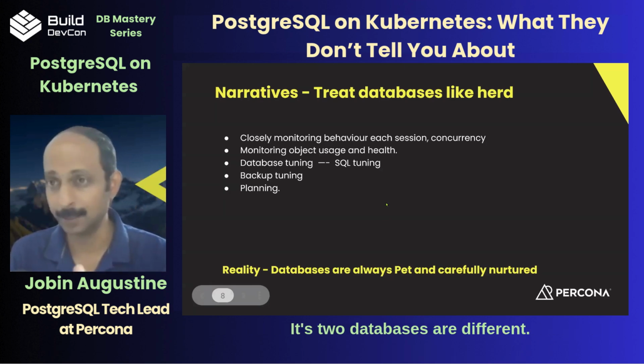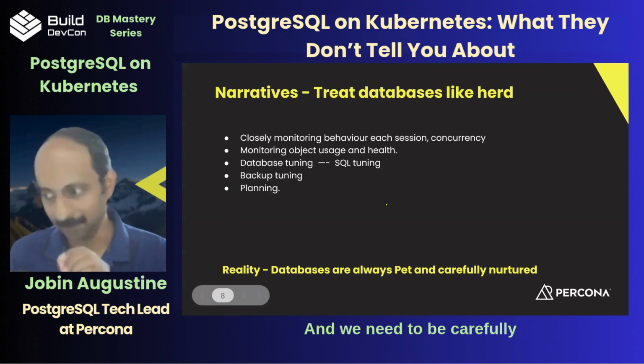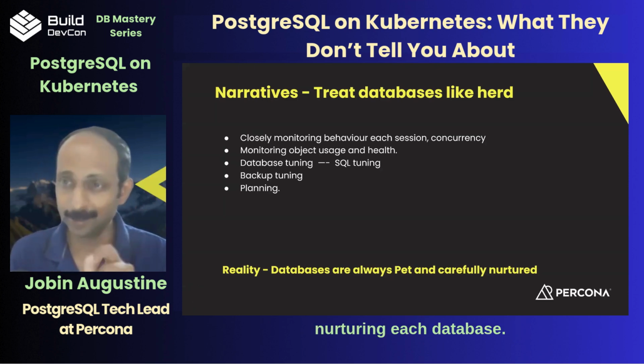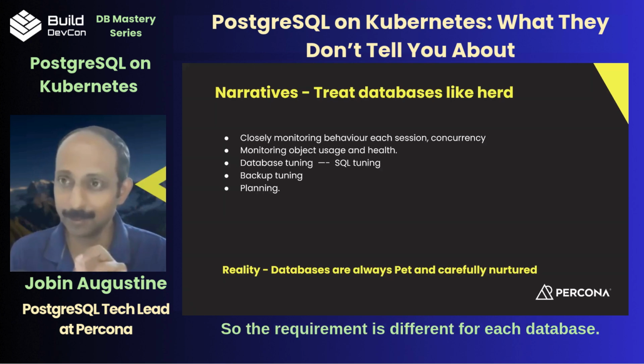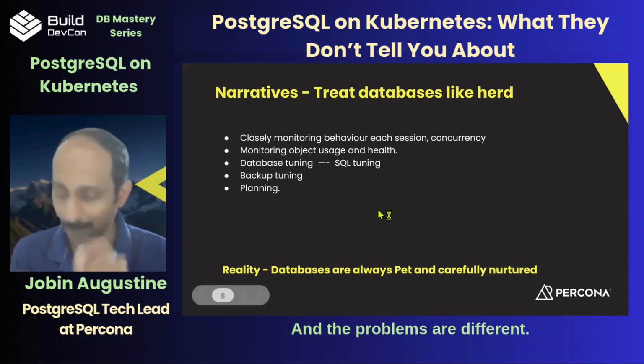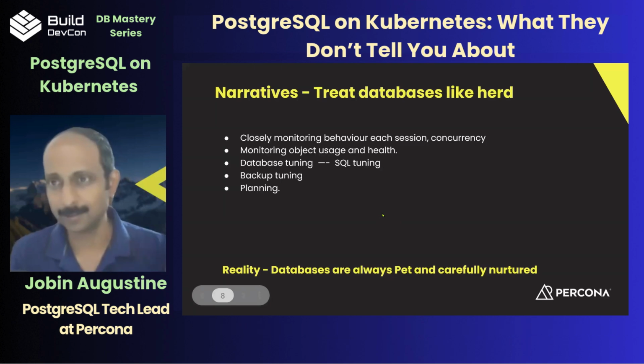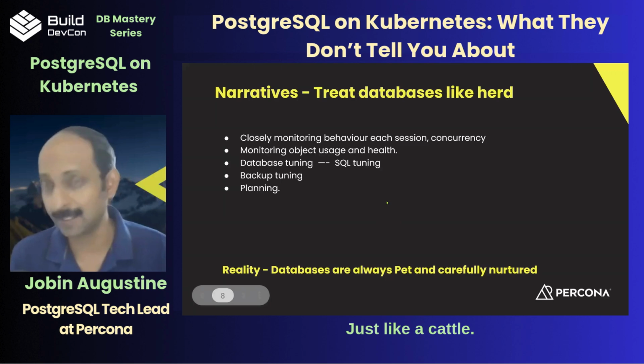Two databases are different, and we need to be carefully nurturing each database. The requirement is different for each database and the problems are different. So there is no provision for handling entire clusters just like cattle.